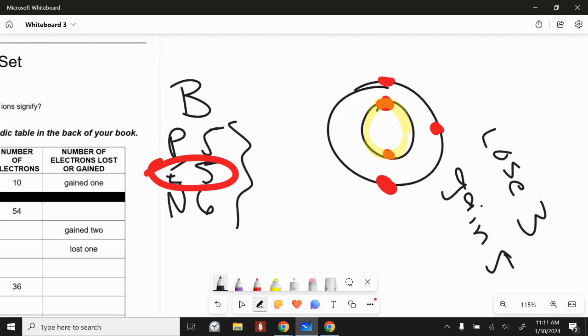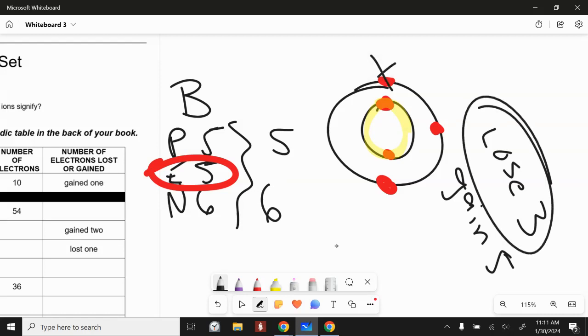So I now will have still 5 protons, still 6 neutrons. And if I'm going to lose these 3 outer ones, I am left with 2. Now my protons are more than my electrons.